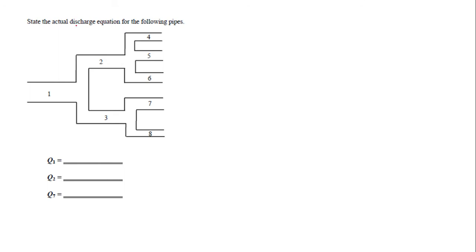First of all, this is a very straightforward question, maybe like a quiz. They ask you to state the actual discharge equation for the following pipes. They give you this very complicated pipe, and they ask you to write Q1, Q2, and Q7.